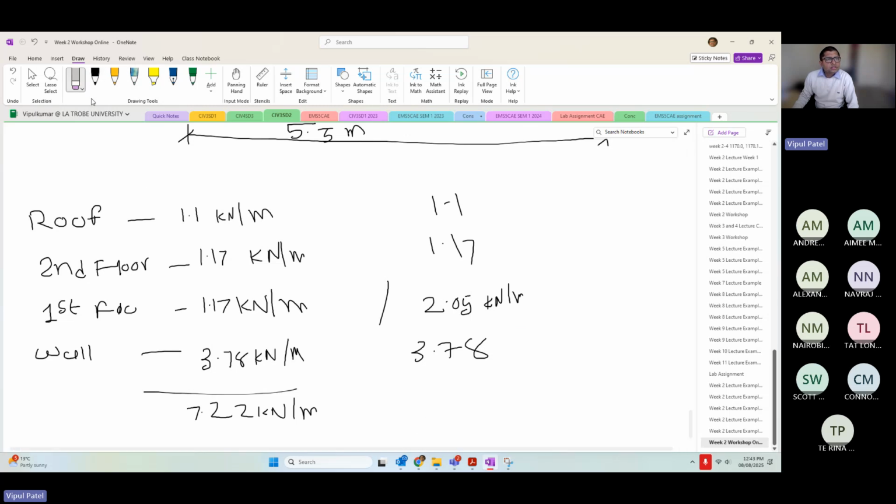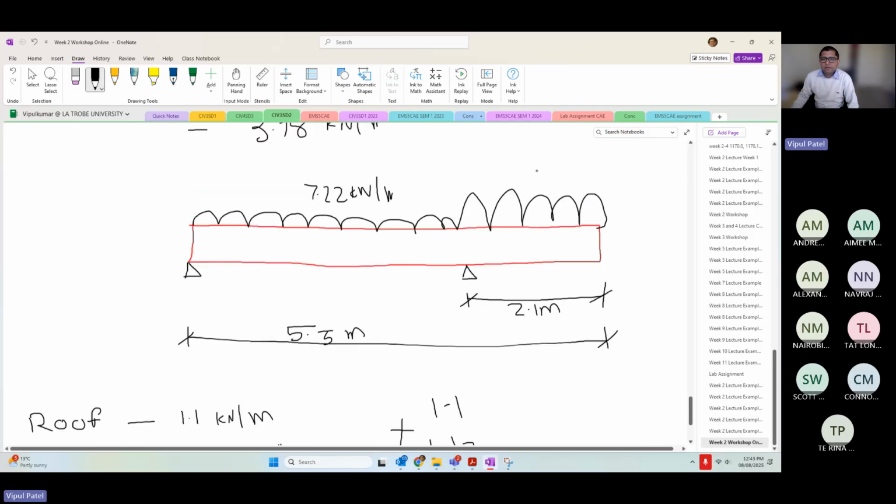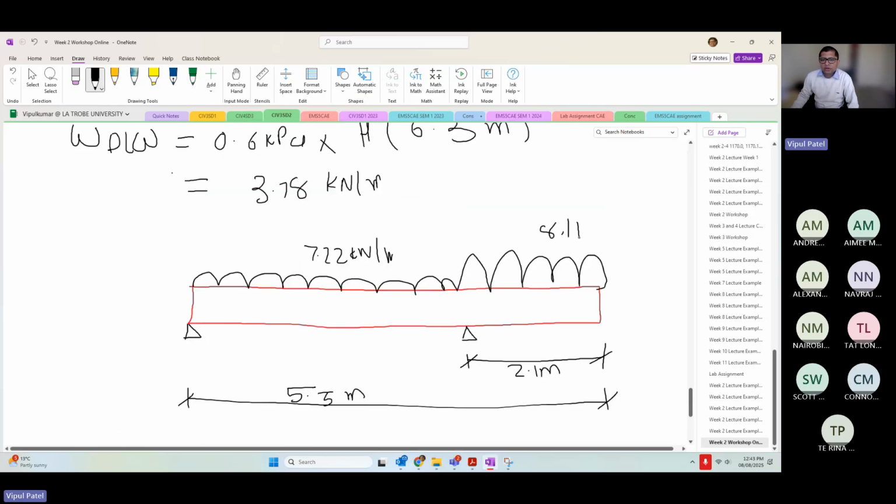So that is your balcony. 1.1 plus 1.17 plus 2.05 plus 3.78, you get about 8.1 kilonewton per meter. So in that area, you get 8.1 kilonewton per meter.